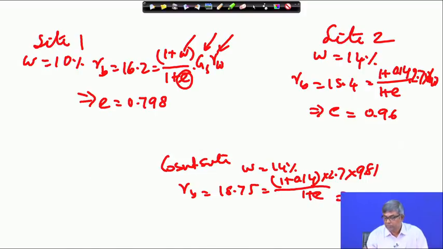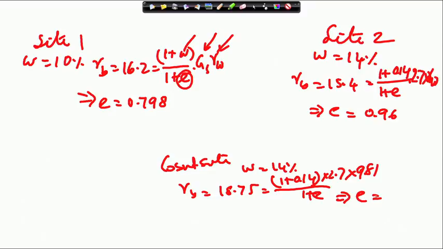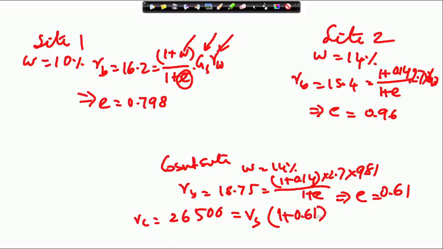So this gives you e equal to 0.61, and we know the volume. So constructed volume is 26,500, that will be equal to Vs into (1 plus 0.61). So from here I will get Vs equal to 16459.6 meter cube.